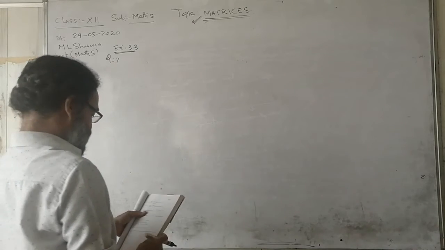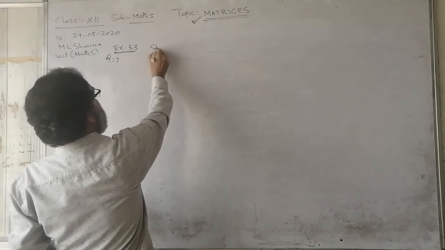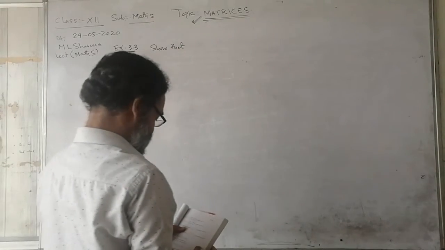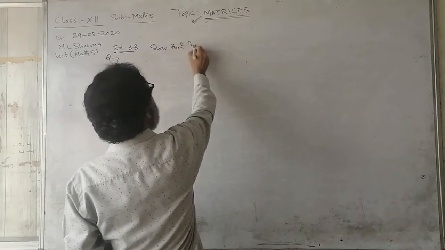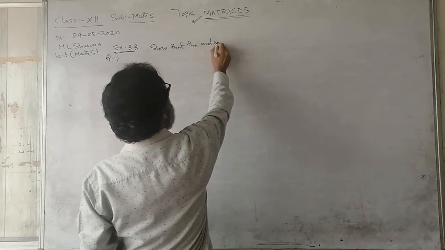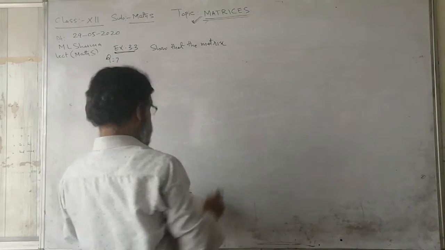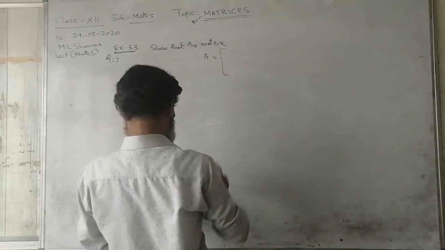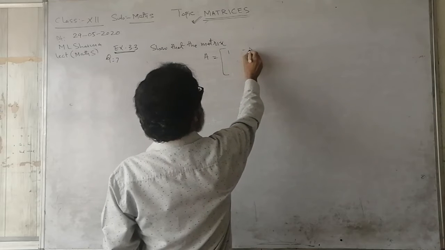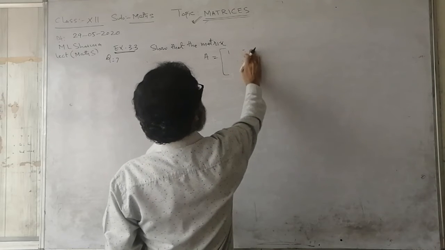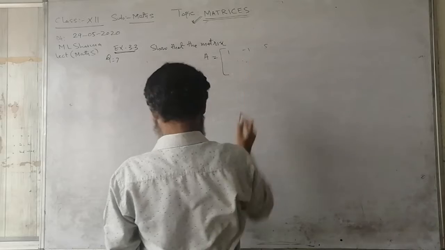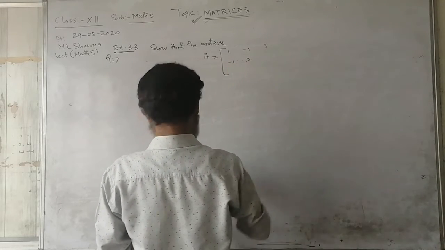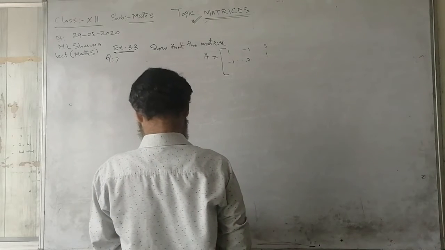So question says, show that the matrix given as A, whose elements are 1, minus 1, 5, minus 1, 2, 1, 5, 1, 3.